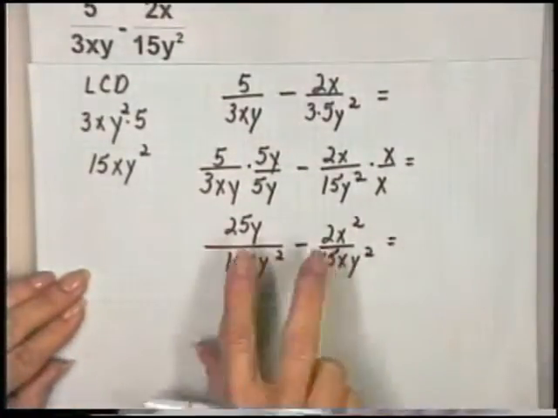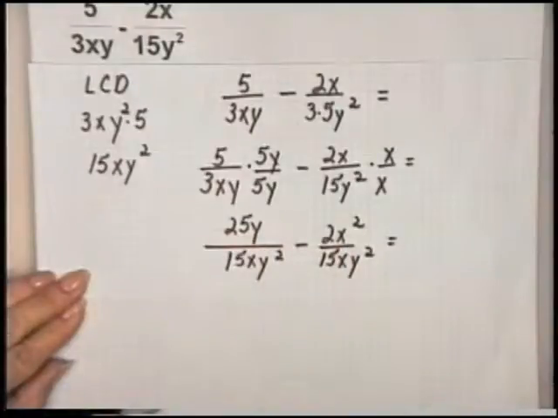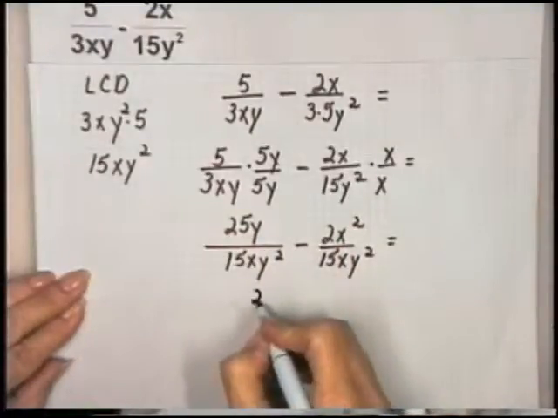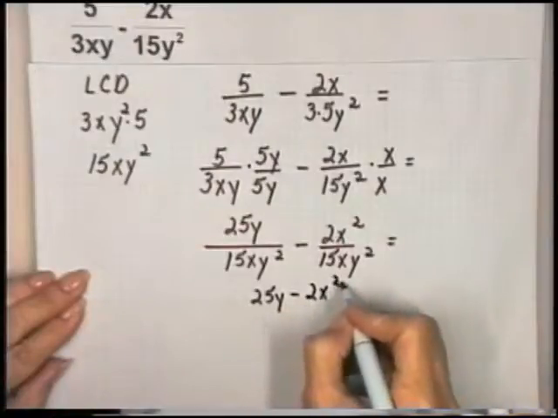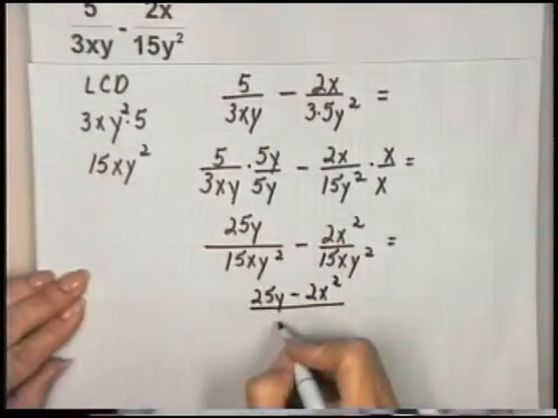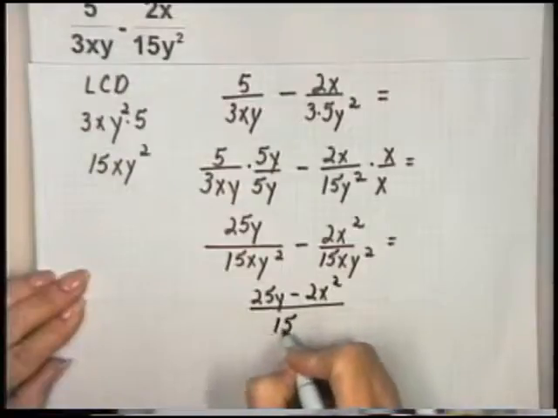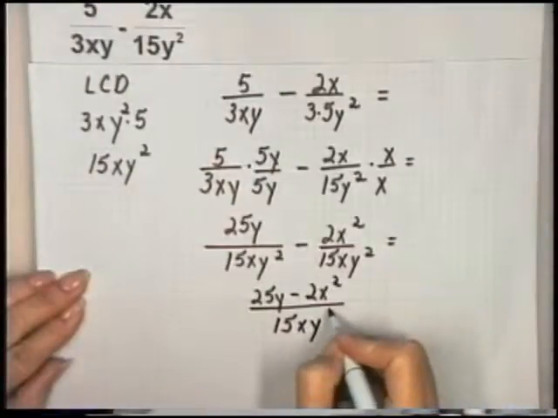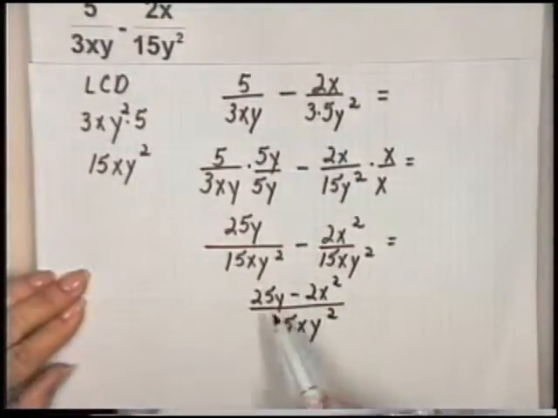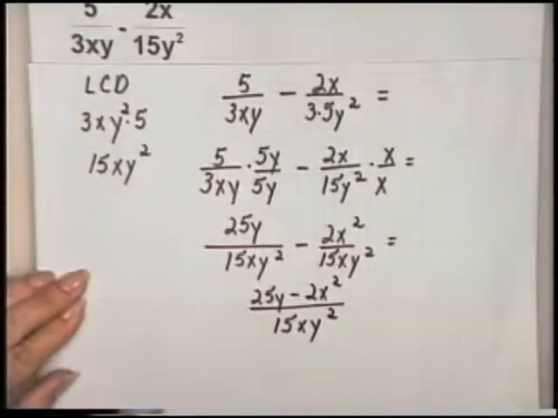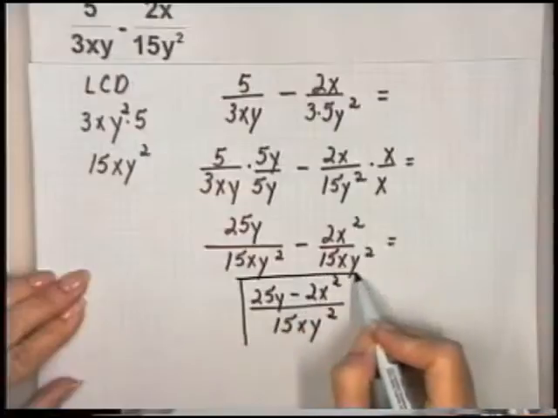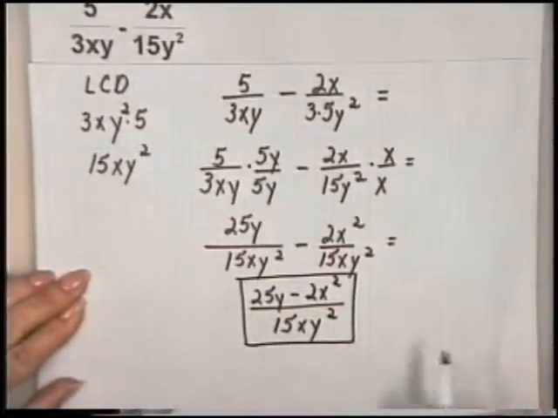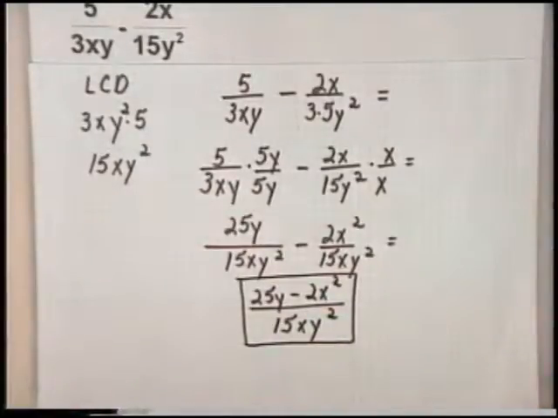I may combine my numerators. My numerators are not like terms, so I will simply write 25y minus 2x squared all over my denominator, which is 15xy squared. I check to see if I can factor my numerator to see if this fraction will reduce, and I cannot. So this is the final answer.